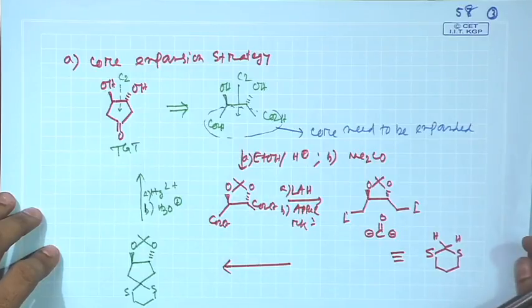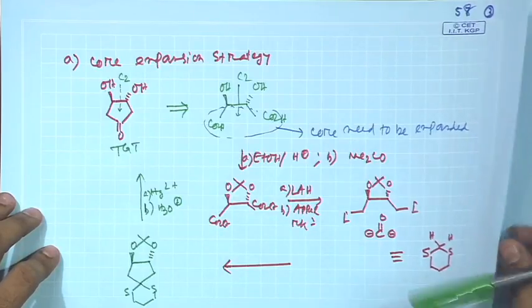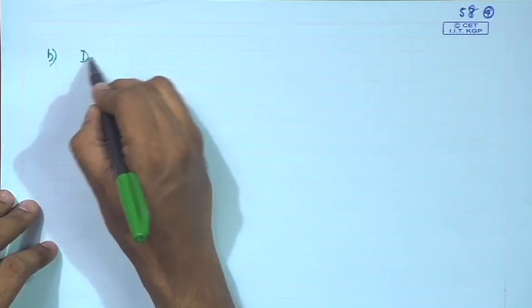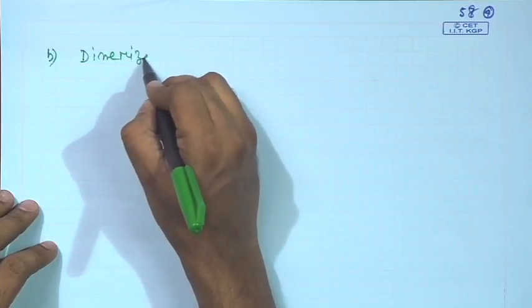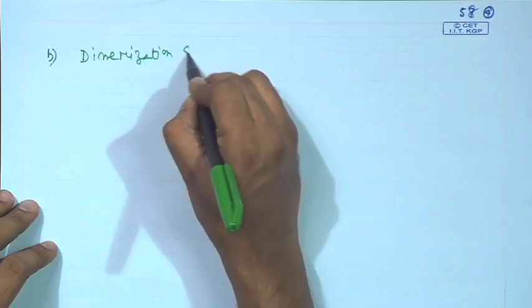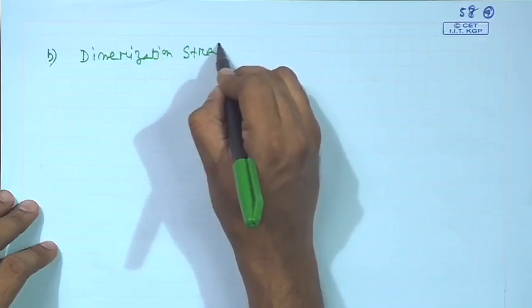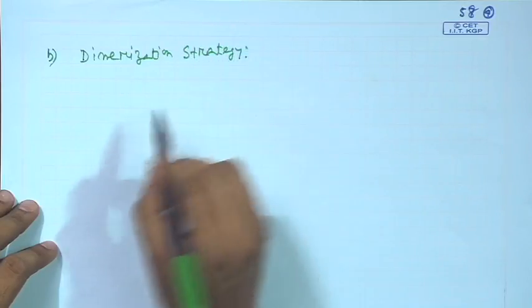We will next analyze how the dimerization strategy works. This dimerization strategy is basically similar to the core expansion strategy, but dimerization means that maybe your target molecule is such that you need to dimerize two homochiral halves.